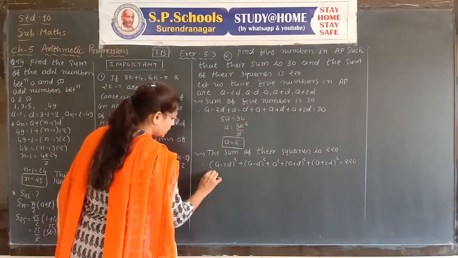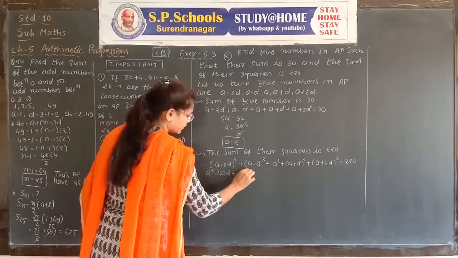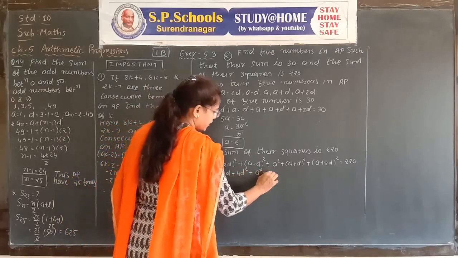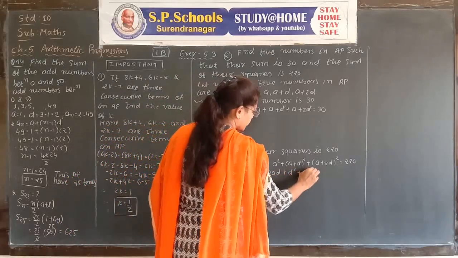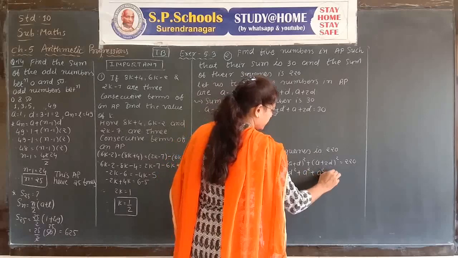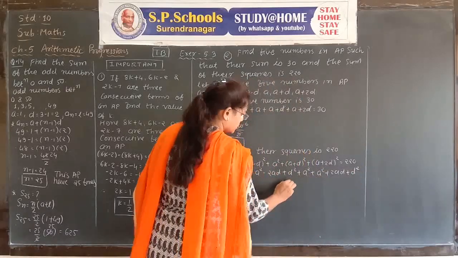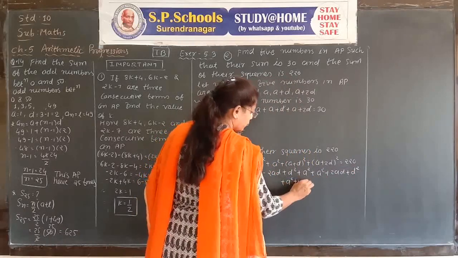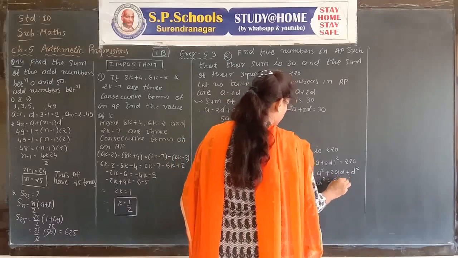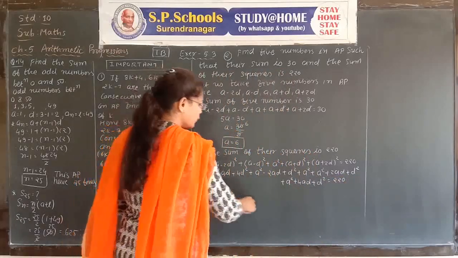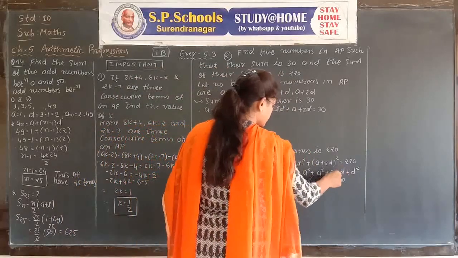Now expand it. A square minus 4AD plus 4D square plus A square minus 2AD plus D square plus A square plus A square plus 2AD plus D square plus A square plus 4AD plus 4D square is equal to 220. Now what happened here? Minus 4AD plus 4AD is cut. Minus 2AD plus 2AD is cut.